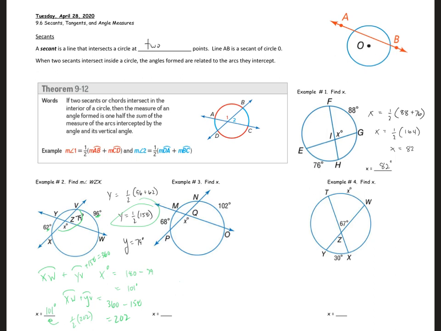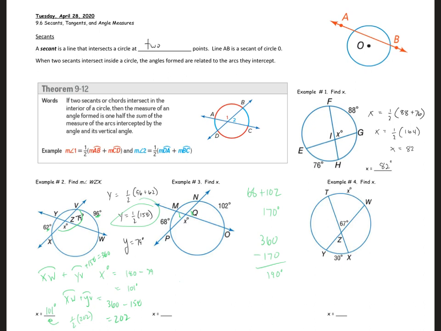Same thing right here. Find the measure of x degrees. So I'm just going to say 68 plus 102. 68 plus 102 is 170 degrees. I could then find half of that. That will give me the angles right here. But I'm just going to do what I did last time. I'm going to do 360 minus the 170. If I do 360 minus the 170, I'm going to get 190.